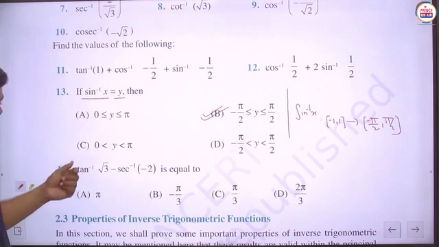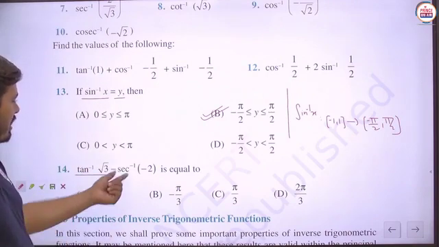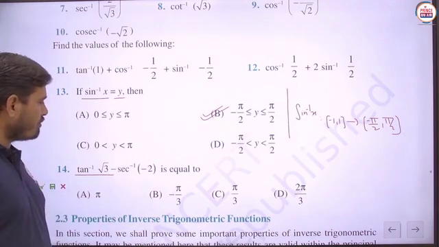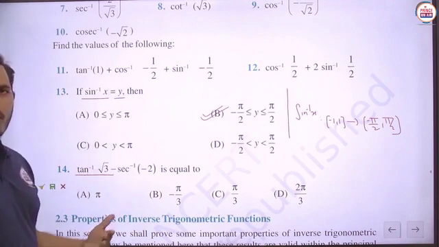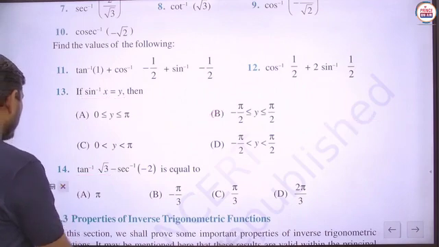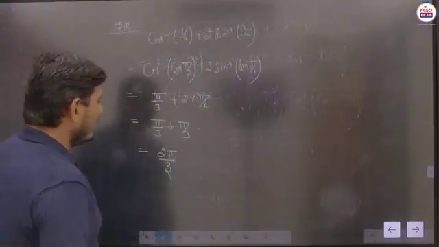And a very similar question, number 14, is also given. Tan inverse of root 3 minus sec inverse of minus 2 is equal to what value? So again we will simplify this part. Tan inverse of root 3 is a simple part, and sec inverse of minus 2. So we will take this question and simplify the part. We will take question number 14.